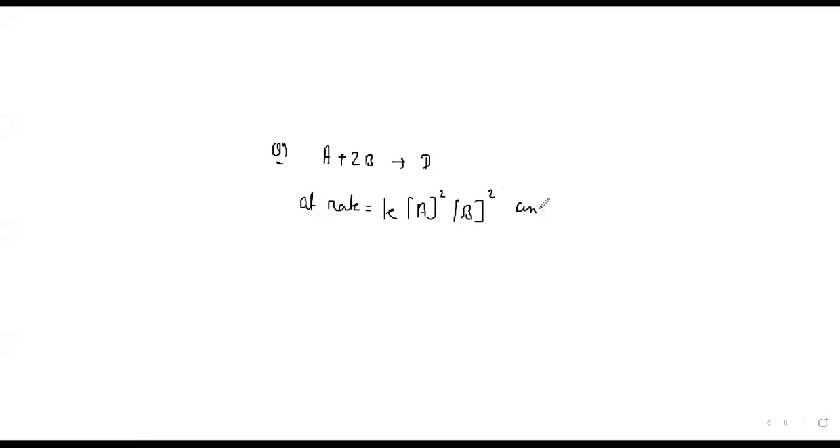And if the volume is one fourth, then what is the relation between R and R dash? R dash is the new rate when the volume is one-fourth, and R is the rate when the volume is V.